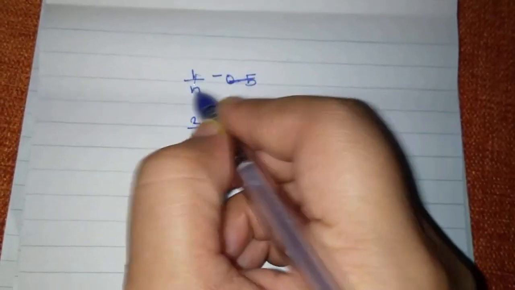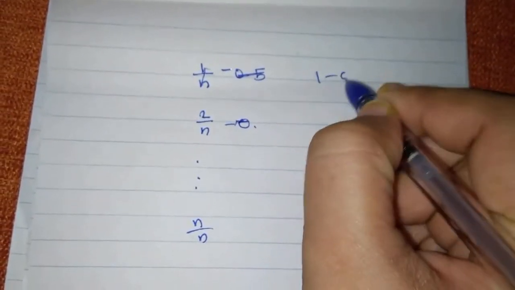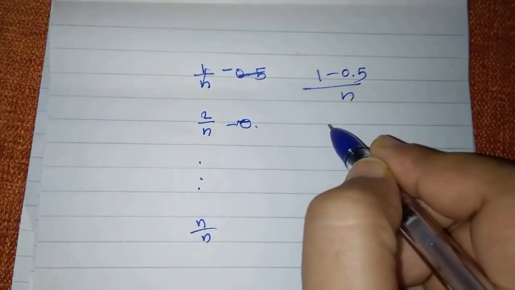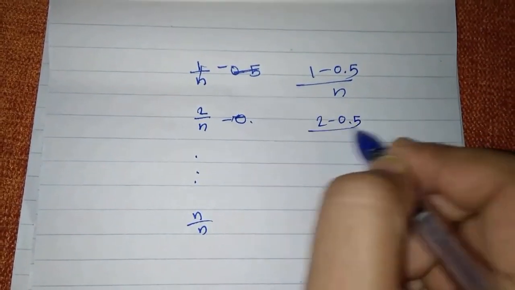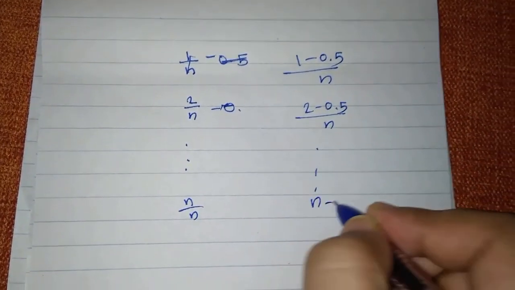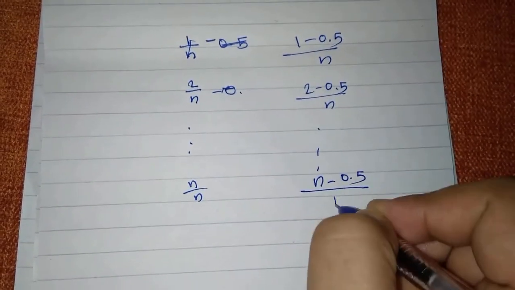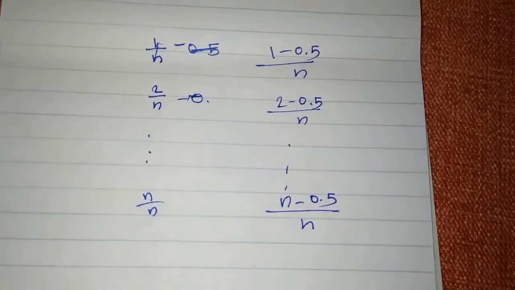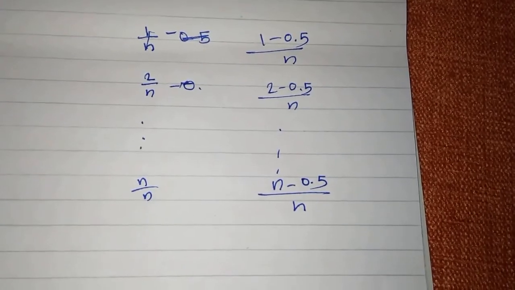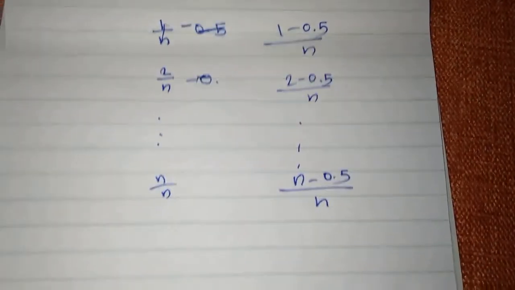Okay, not here, I'm sorry. We'll make it 1 minus 0.5 by n, this 2 minus 0.5 by n, and so on up to n minus 0.5 by n. This subtraction of 0.5 is for continuity correction.